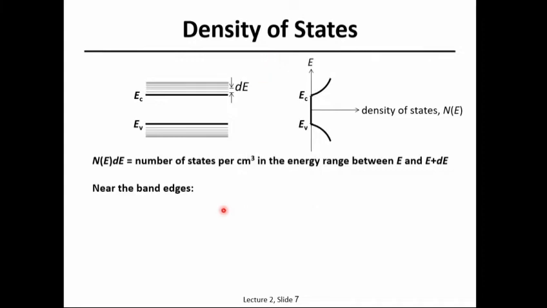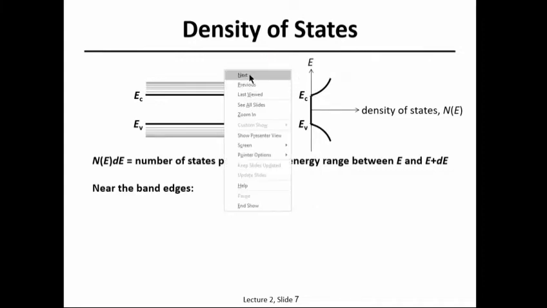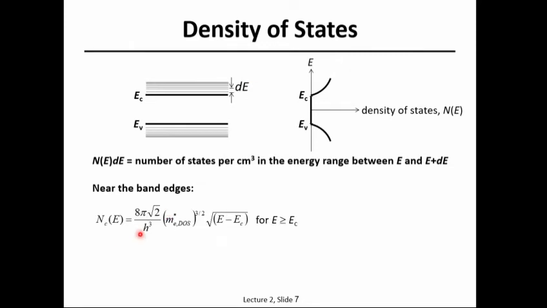Okay, so near the band edges, we'll see N of C, which is equal to 8 pi square root of 2 over h cubed, m_e effective to the 3/2, times the square root of E minus EC, for the energy E greater than or equal to EC. So I'm talking in that region now. In the conduction band, the density of states is given here, and as you notice, it depends on the mass of the electron.